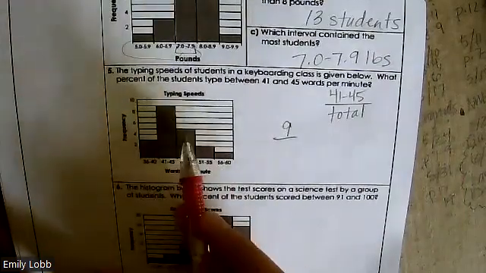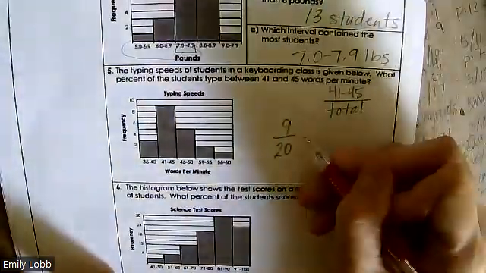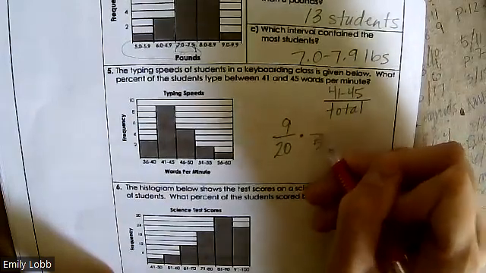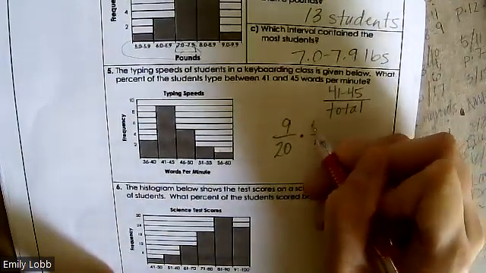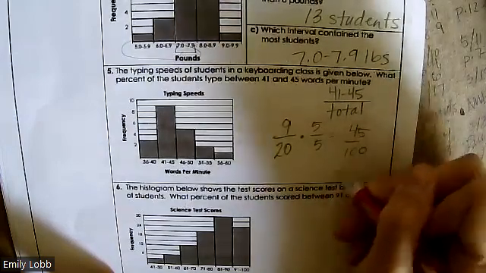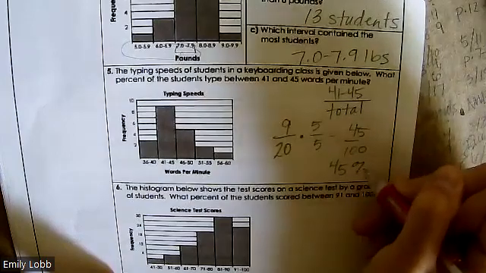Looks like 9 divided by our total, which is 3 plus that 9 is 12, plus 5 is 17, plus 2 is 19, plus 1 more is 20. Percent means per 100. So if I multiplied the 20 by 5, I would get 500. So here I have 45 per 100, which is 45%.